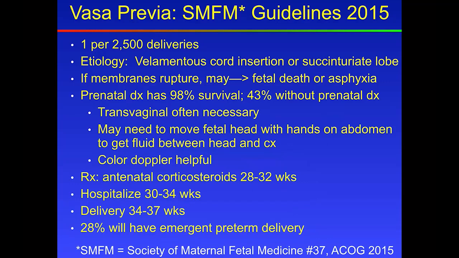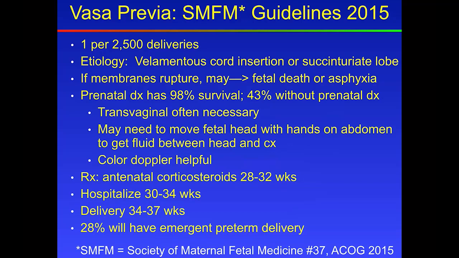If that membrane should rupture, like when you rupture membranes and you go into labor, then 43% will make it and about 50% won't because of fetal death and asphyxia from bleeding out.